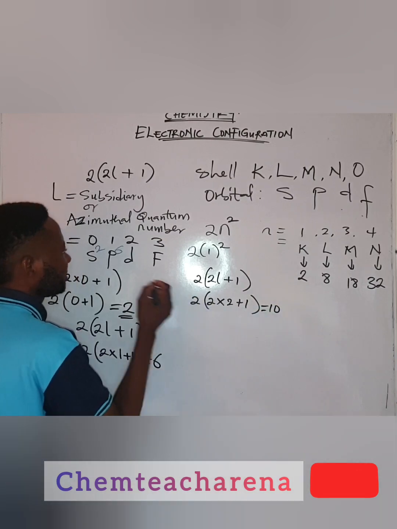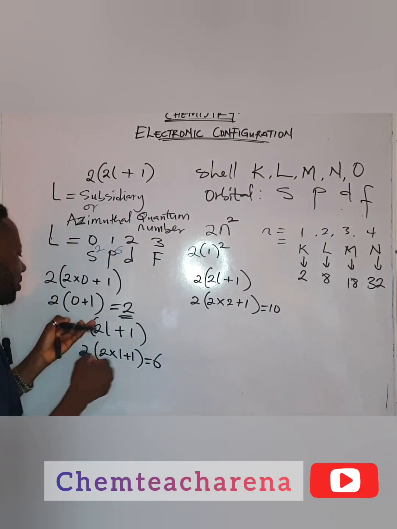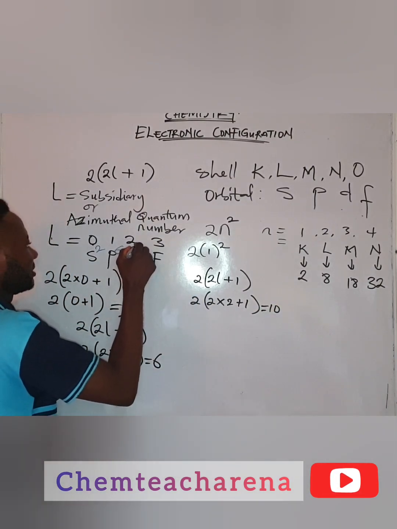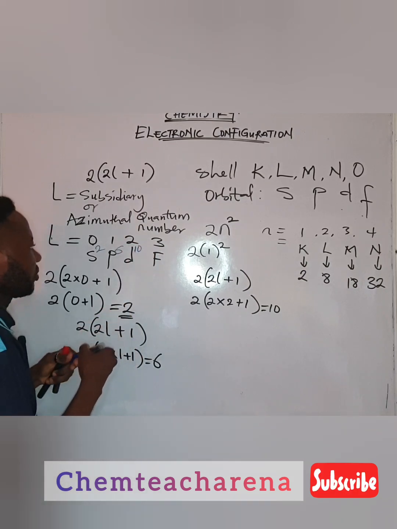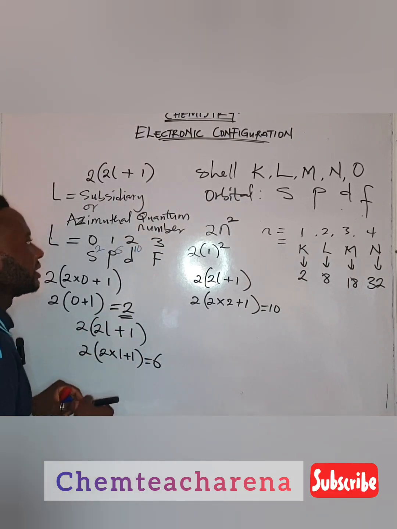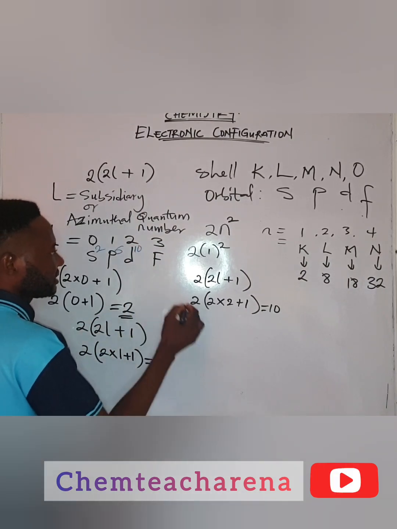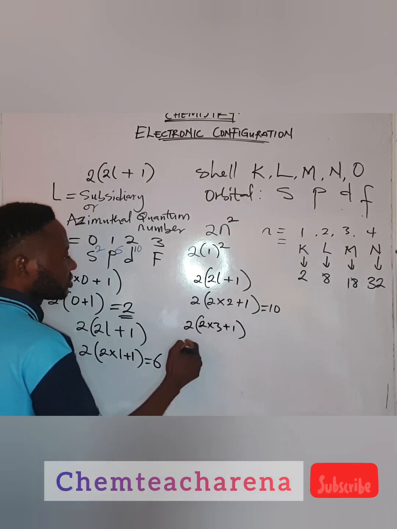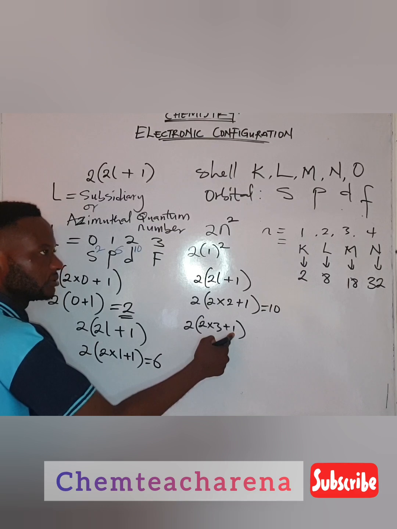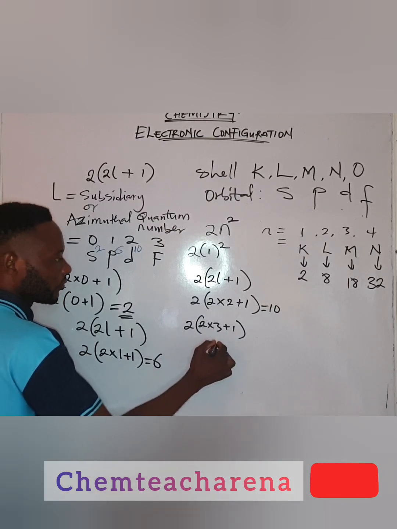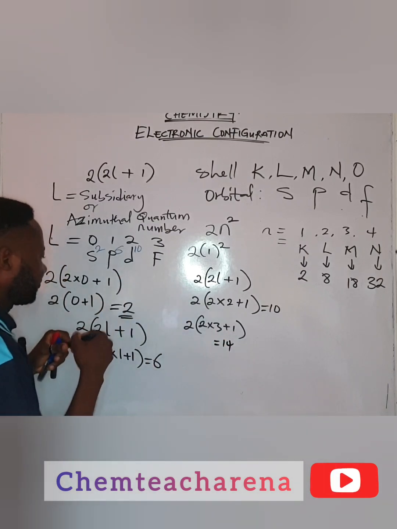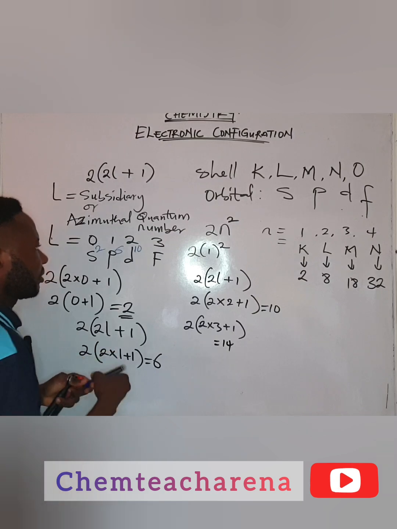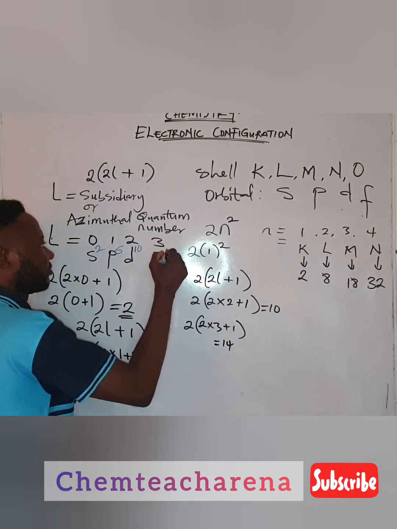So D can hold the maximum number of 10. Then we look at the last one, which is F, where F is 3. We have 2 into 2 times 3 plus 1. So 2 times 3 is 6, plus 1, 7. 7 times 2, 14. So F can hold the maximum number of 14 electrons.